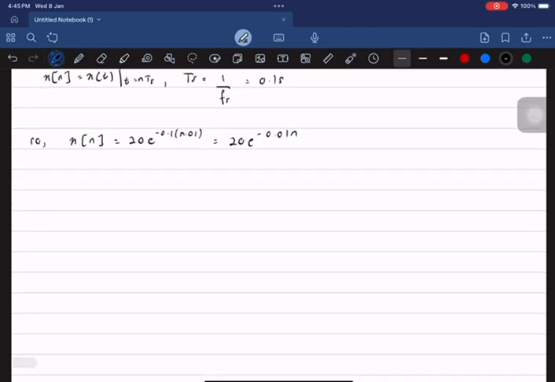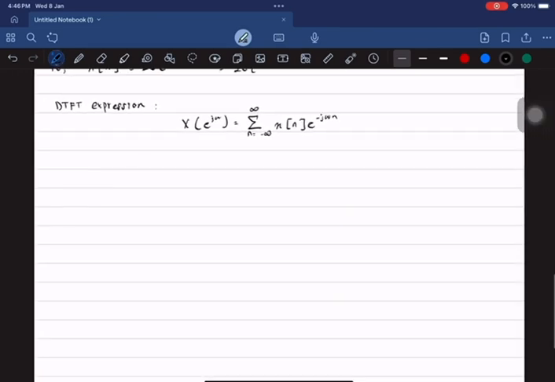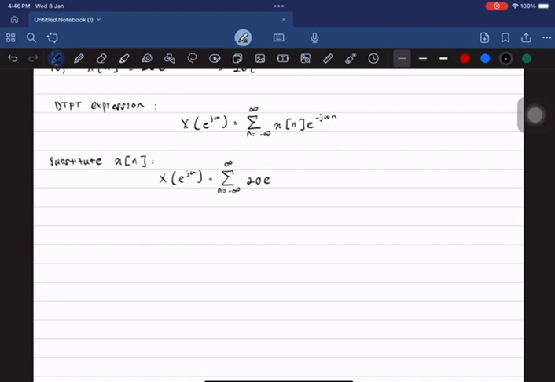We will use the DTFT formula, which is X(e^jω) equals the summation from n equals negative infinity to infinity of x[n] e^(−jωn). We substitute the given signal into the equation, so X(e^jω) equals the summation from n equals negative infinity to infinity of 20 e^(−0.01n) multiplied by e^(−jωn).